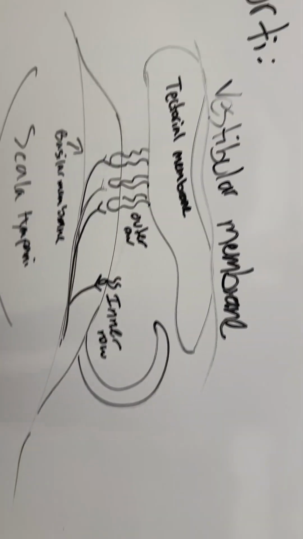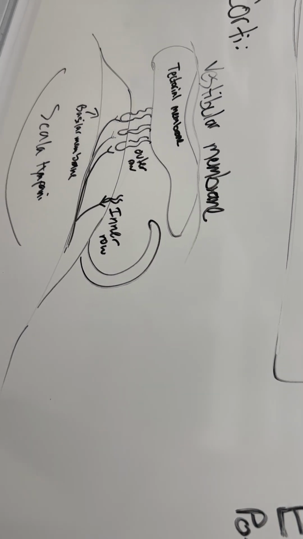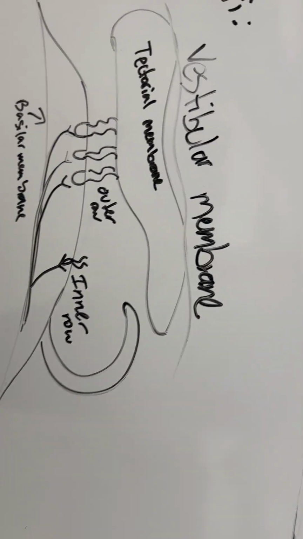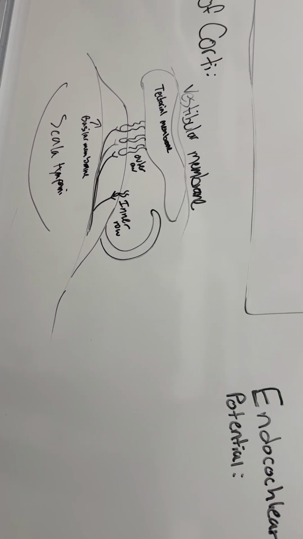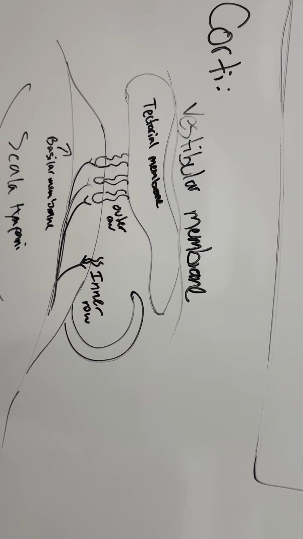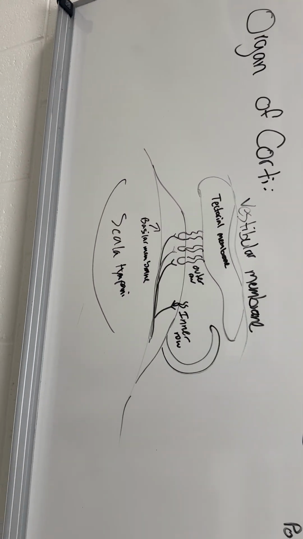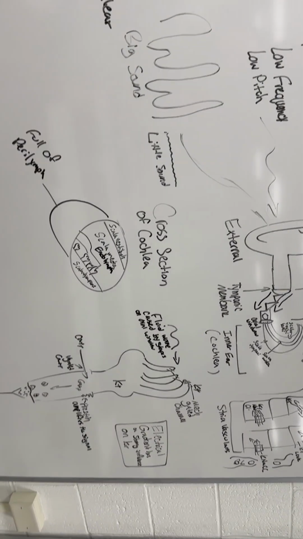And that wave causes the mechanically gated ion channels to open up on our inner row, which is going to depolarize, right? And it's going to allow calcium into the cell, which is going to cause our neurotransmitter to be secreted onto our synapse. And that's how we turn waves of sound into electrical action potentials.